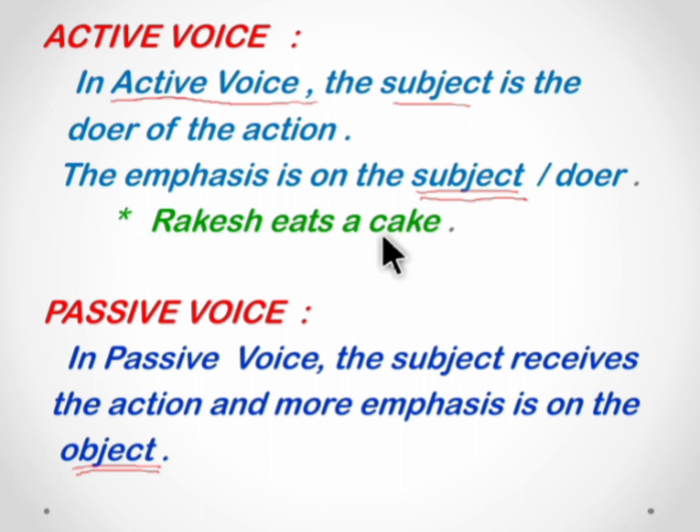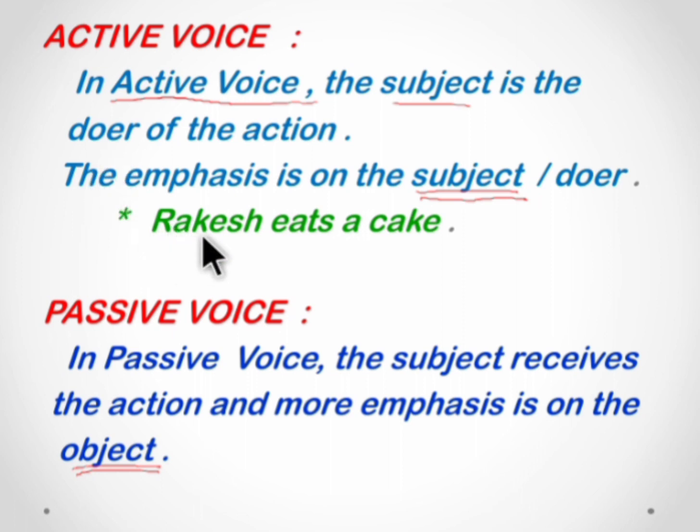To learn this active voice and passive voice, a very important thing which we have to know already is identification of the sentence pattern. Sentence pattern I have already taught you in the earlier videos. So identifying the sentence pattern is very important in active voice and passive voice.